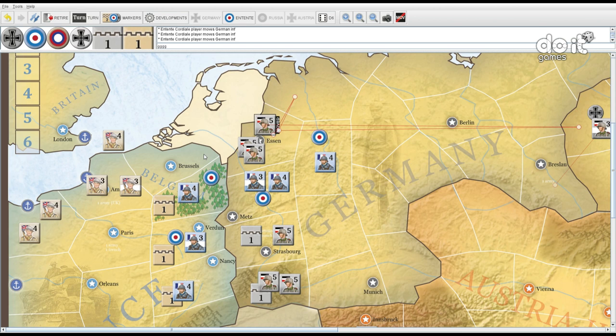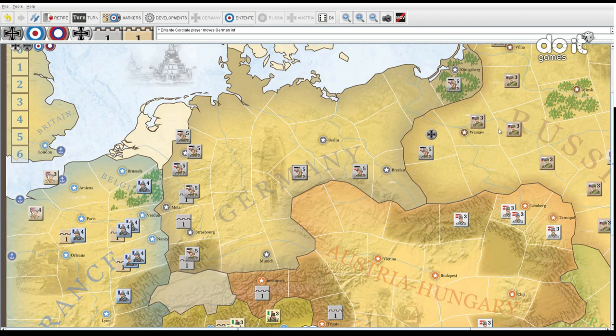Let's go to the activation itself. Let me explain now one thing that, based on the number of queries and questions I receive, is not clear: when you move, the control changes at the end of the turn of the player.